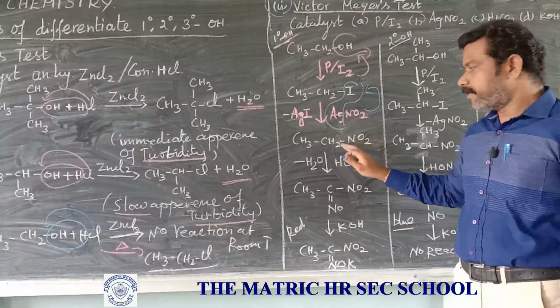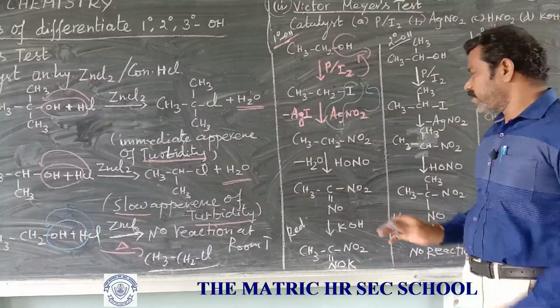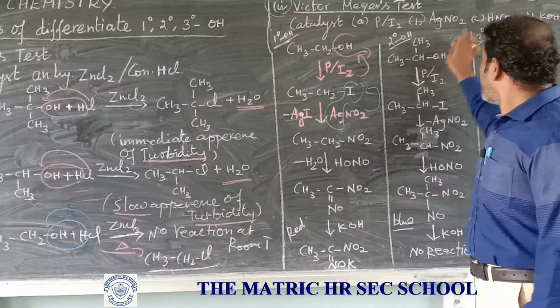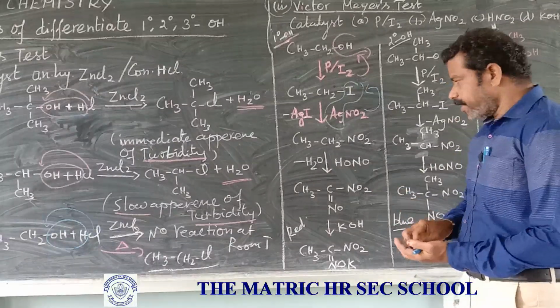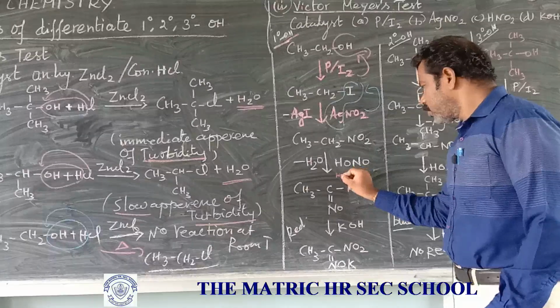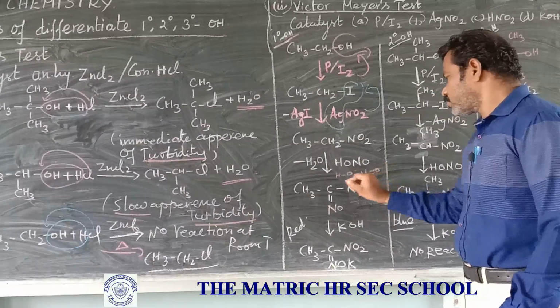Then I add nitrous acid, the third reagent. Nitrous acid is HNO2, written as HONO: hydrogen, single bond, oxygen, single bond, nitrogen, double bond, oxygen.